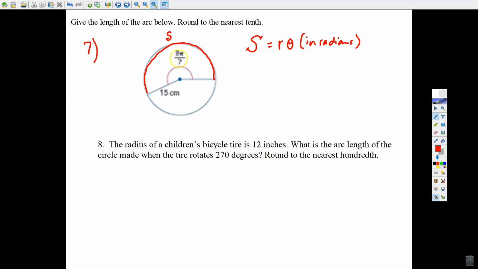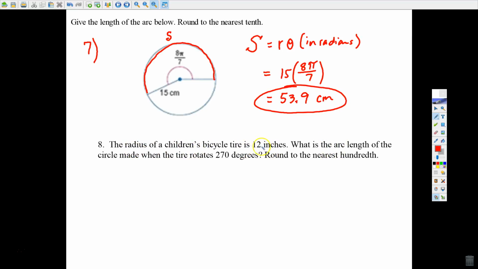But here we see that the angle is already in radians, so it's pretty simple. We just take the radius and we multiply by the angle, and we grab our calculator. And it's 53.8558, but we're supposed to go to the nearest tenth, so 53.9. And we're in centimeters. So that is my answer for number 7.